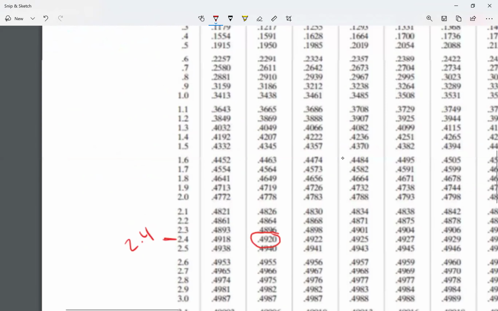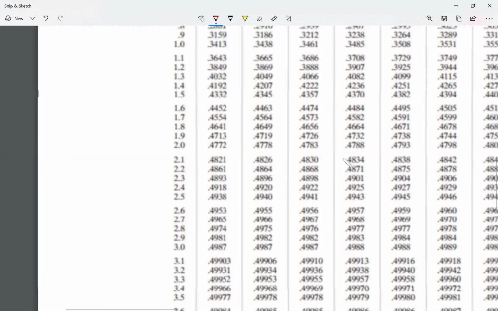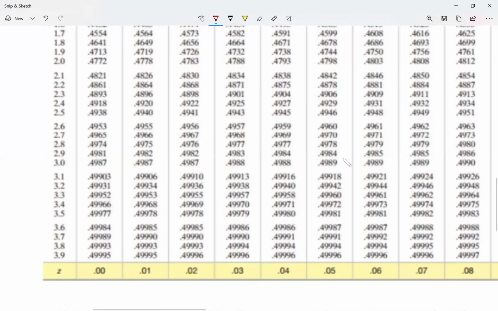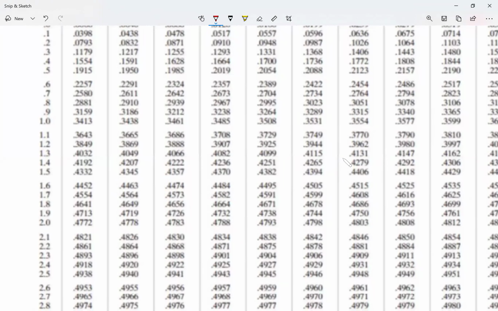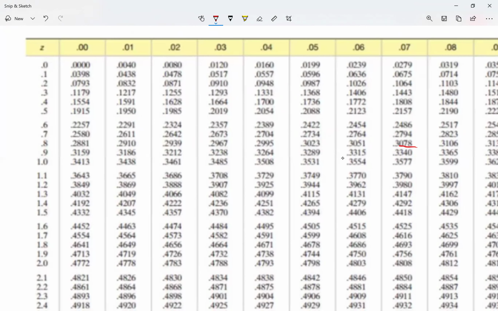Let me erase from my previous question. Remember, I'm looking for 0.334. Okay, so 0.334. I found it. It's right here.